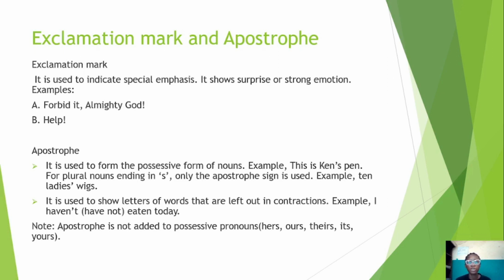We also use apostrophe to show contraction when something is not written in full. So we have haven't instead of have not, isn't instead of is not, I'm instead of I am, and instead of I will, we write I apostrophe and then double L. So we use apostrophe in contraction to show contracted words.